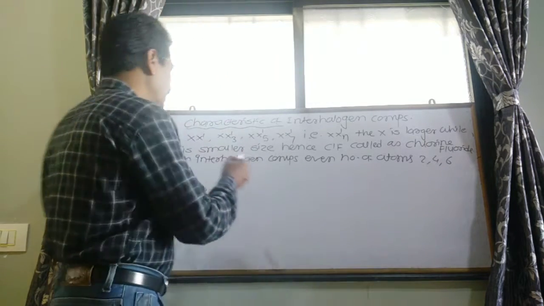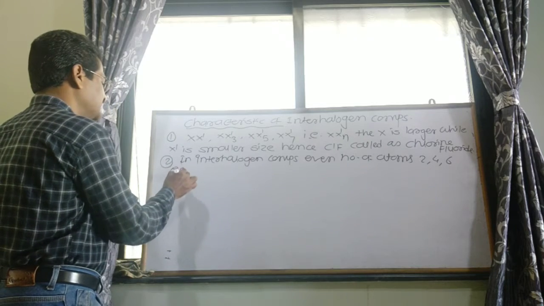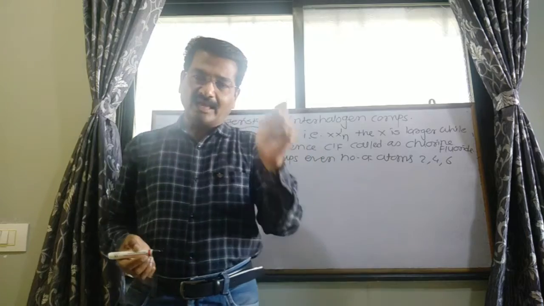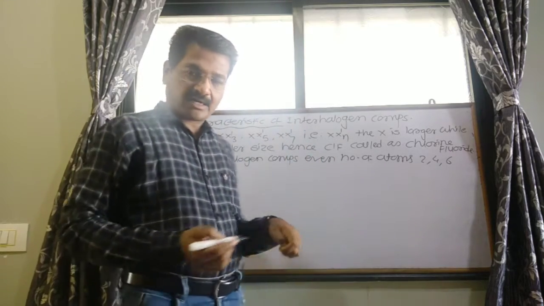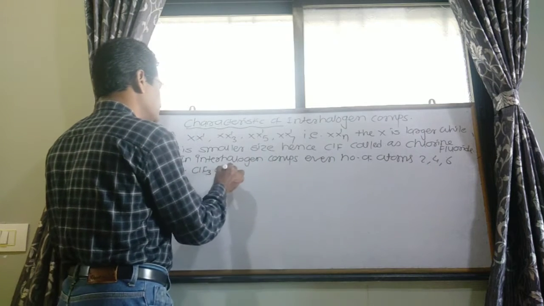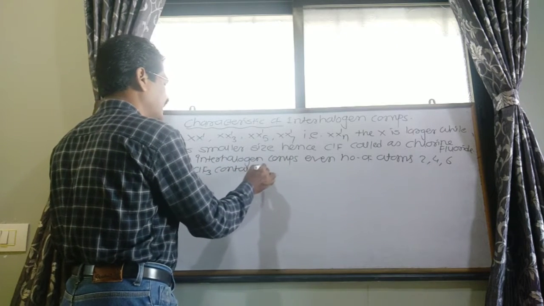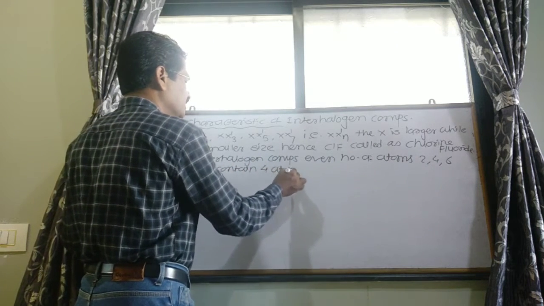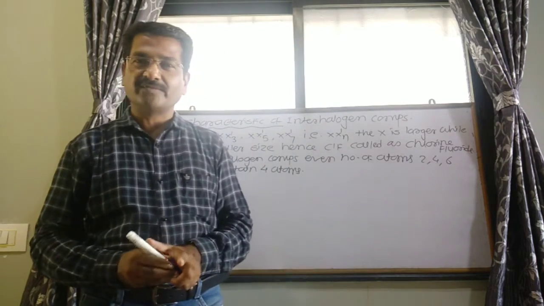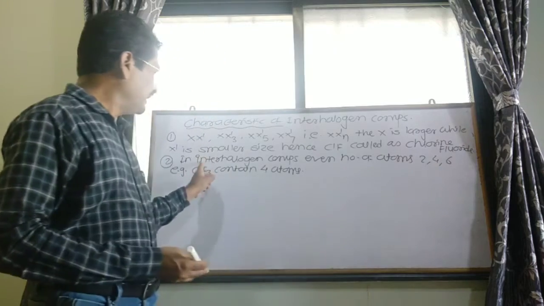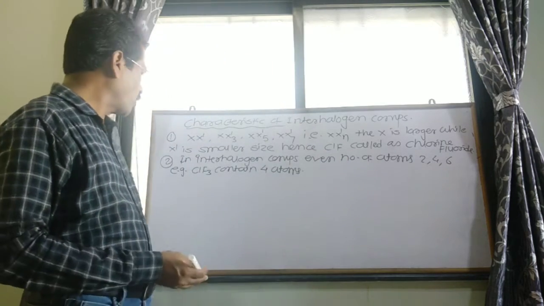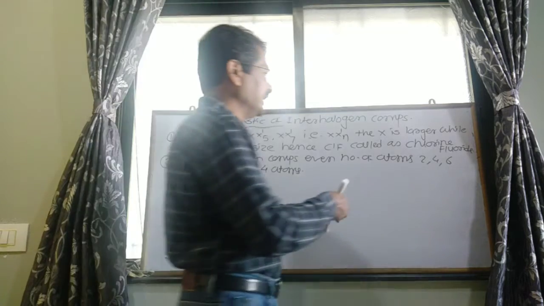For example, ClF3 contains 4 atoms. See again, the second characteristic of interhalogen compounds: they contain an even number of atoms, that is 2, 4, 6.